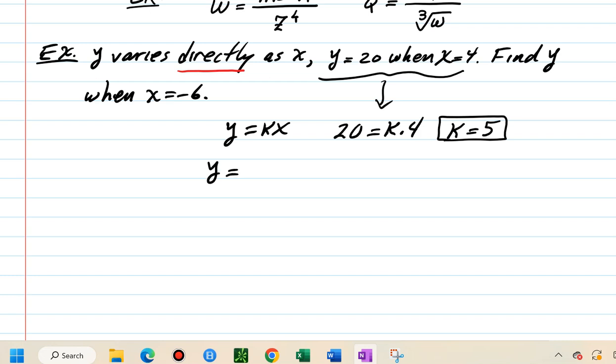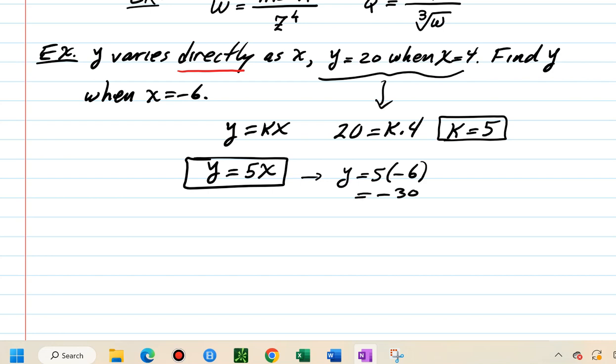Now, once I have that constant, I can update the equation. This is now the final equation, which shows a functional relationship between x and y. Now give me an x, I can give you the y. So we want to find y now when x is -6, so y would be 5 times -6, and the answer is -30. So see how that works?